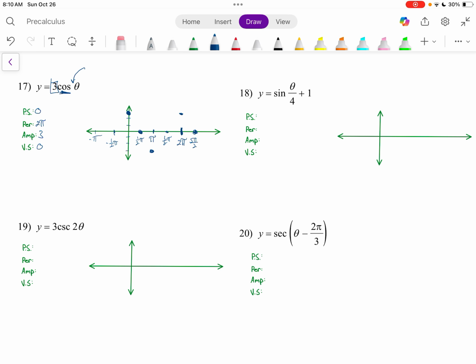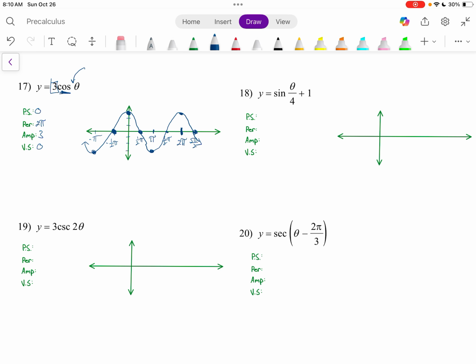Coming over to the left, come down to 0, and down to negative 3 at negative pi, and then we just sketch our graph in there, going through those points, make them rounded at the ends. And there is our graph of y equals 3 cosine theta.